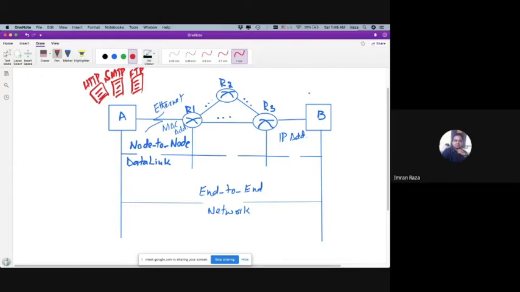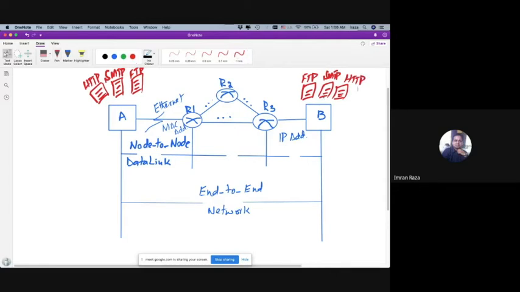And similarly, on machine B, there are different processes going on. Right? For example, FTP, and then we have maybe SMTP. Remember, all these protocols and applications we have covered at the application layer, or HTTP.